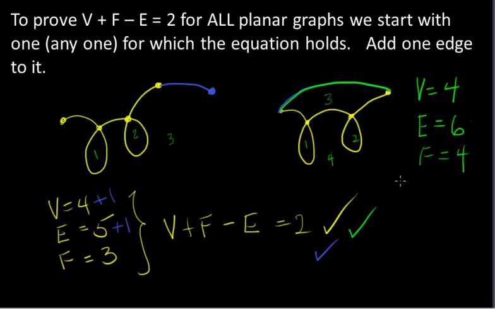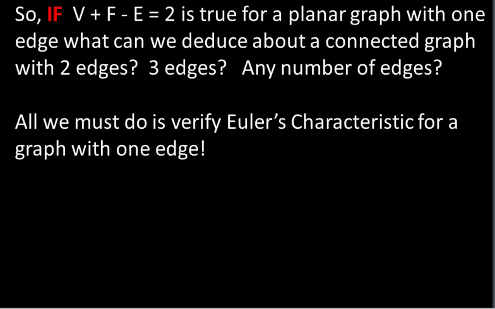Now keep in mind what we have proven is that given any planar graph that does satisfy Euler's characteristic, if you add an edge, the resulting graph with one more edge will also satisfy Euler's characteristic. So we're almost done. With that fact in mind, if we know that a planar graph with one edge satisfies Euler's characteristic, well then so does one with 2.